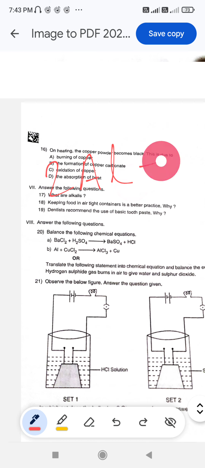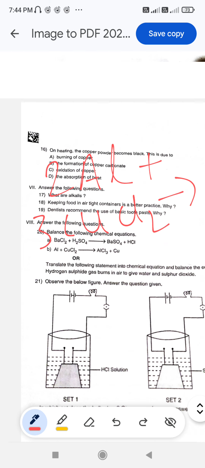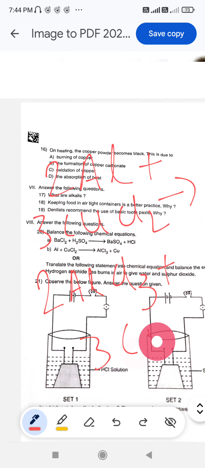2Al plus 3CuCl2, and after this, what product will be produced? 2AlCl3 plus 3Cu, correct?